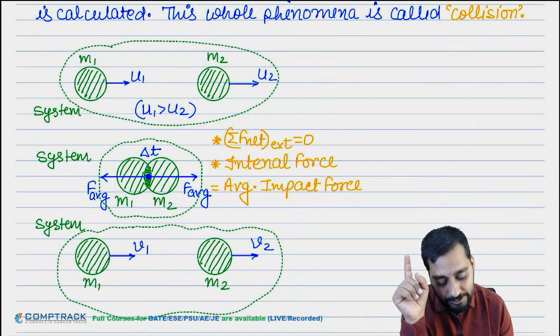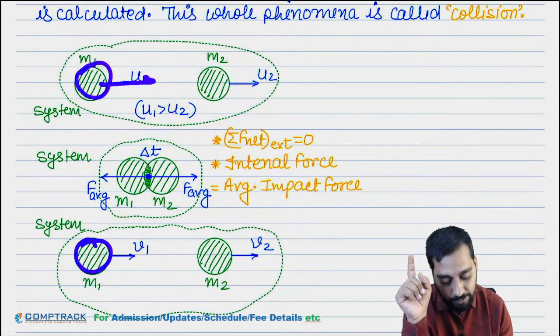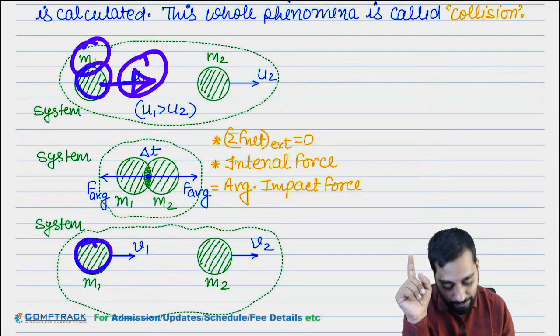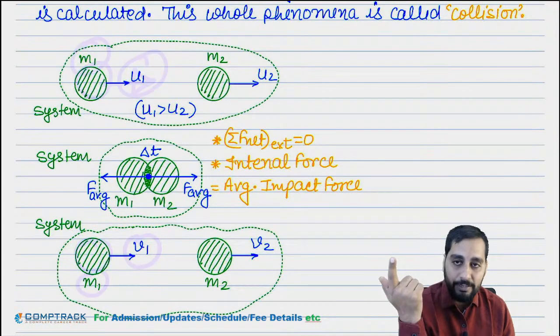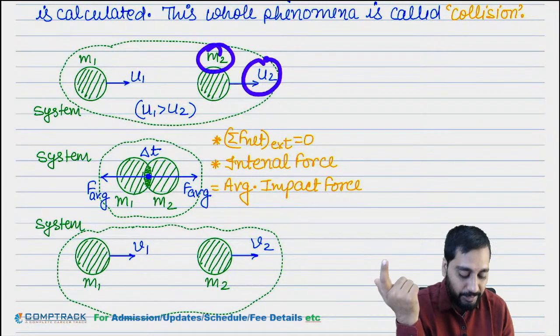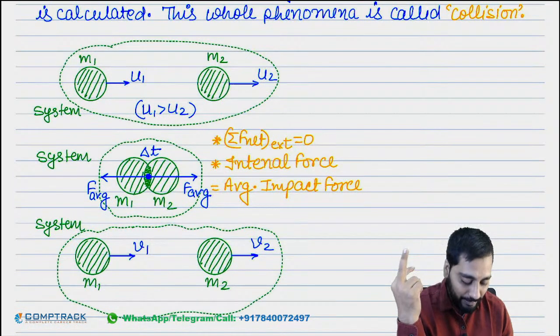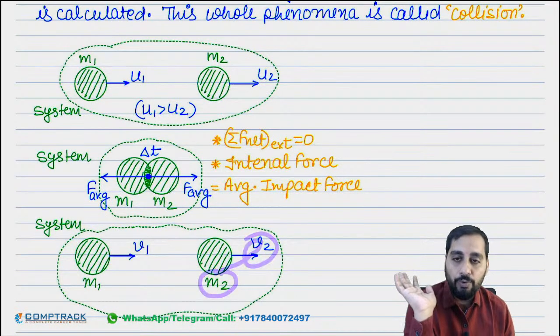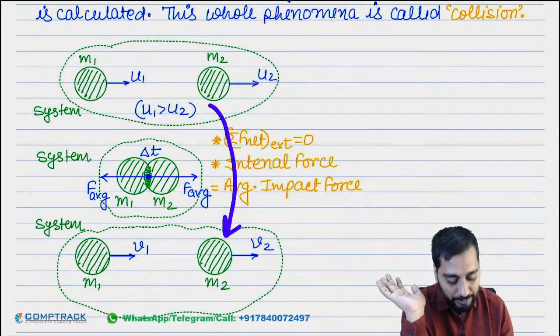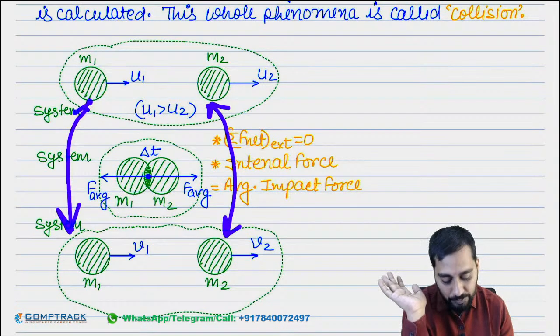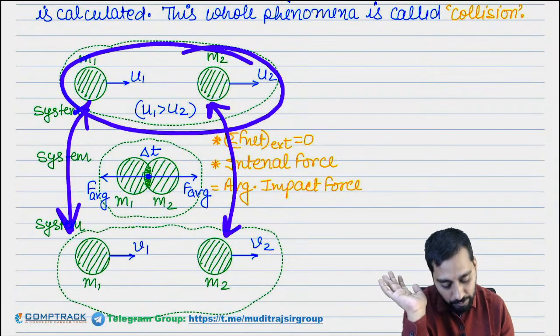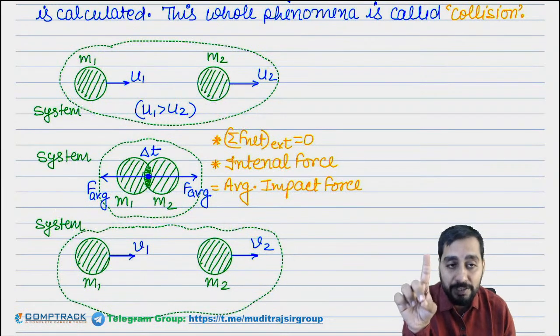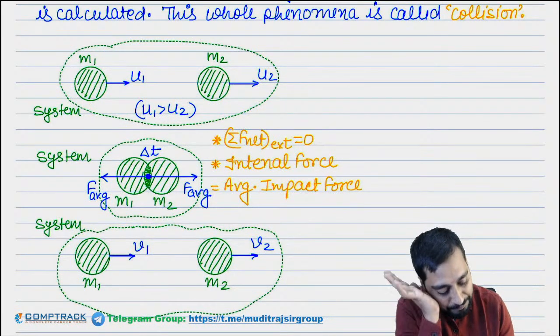For a single body, its linear momentum is changing. Here linear momentum is m1u1, but finally linear momentum is m1v1. For the second body also, initial linear momentum is m2u2 and final linear momentum is m2v2. So individual body linear momenta are getting changed, but for the whole system linear momentum will remain the same. Got the point?